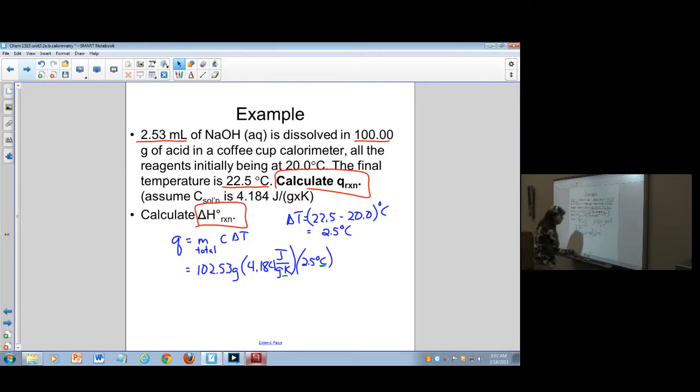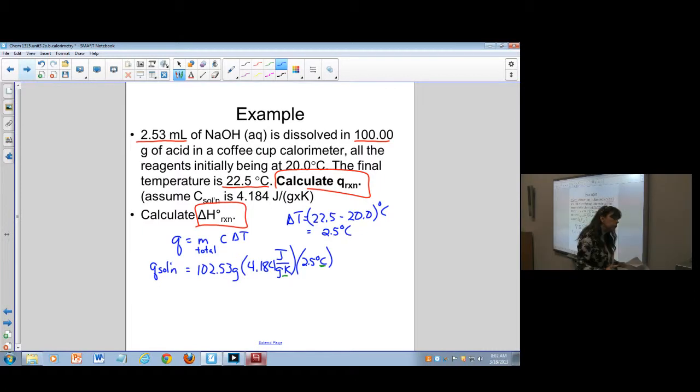So, what is this Q? This is the Q for the solution, meaning we put everything together and we measure the solution. In this case, the Q of the solution works out to be 1,072 joules. But that's not getting us to the Q of the reaction.